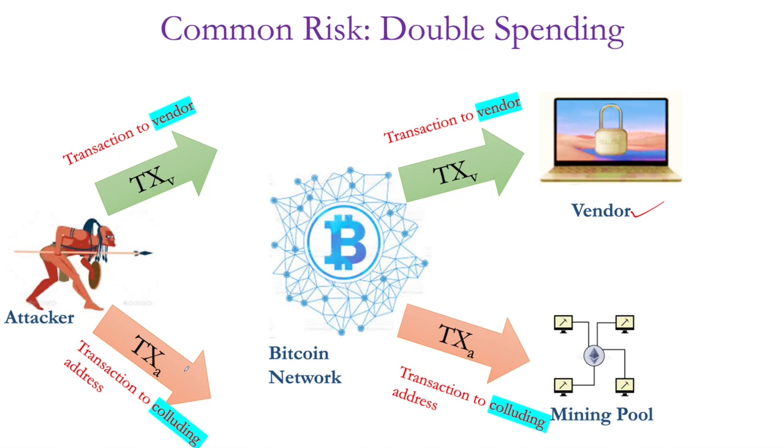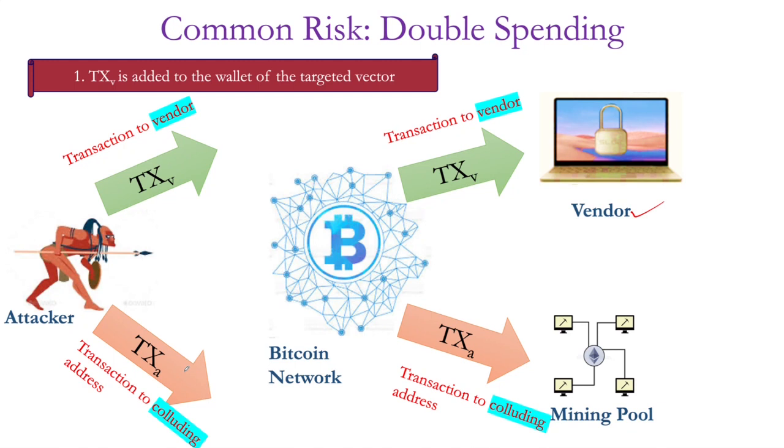Then start spending the same Bitcoin for different transactions. If the attacker reaches any of these conditions, then the double spending will be successful.